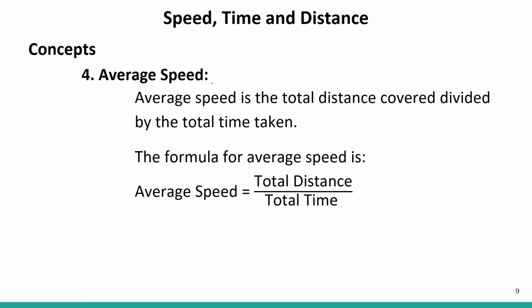Let's see the concept of average speed. What is average speed, and how is it different from normal speed? Suppose you were going from city A to city B. For half the distance you had a 45-degree upward slope.